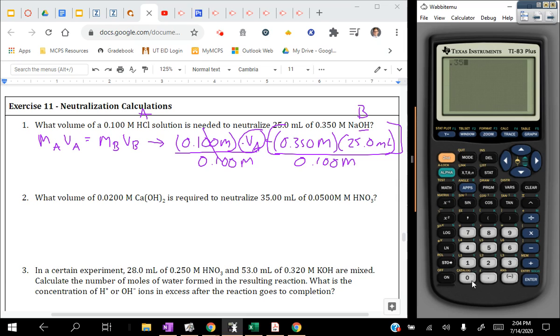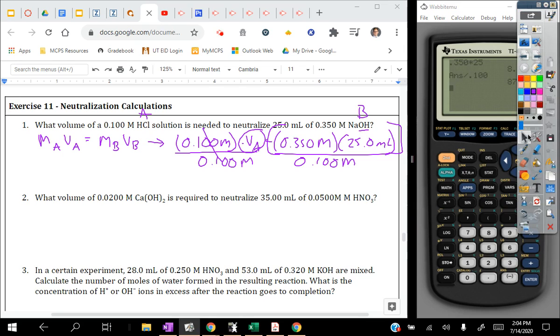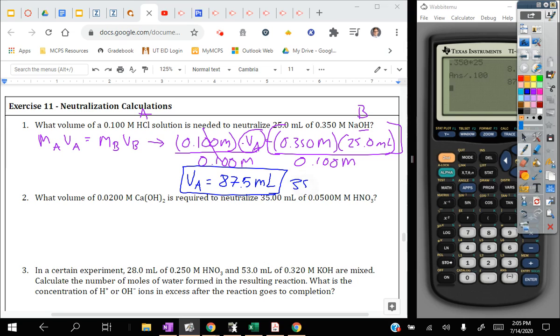So 0.350 molar times 25 is 8.75 divided by 0.100. This means the volume of acid needed to neutralize that concentration of base is 87.5 milliliters. All of my given values here have three significant figures, so my answer of 87.5 is sufficient because it keeps three significant figures.